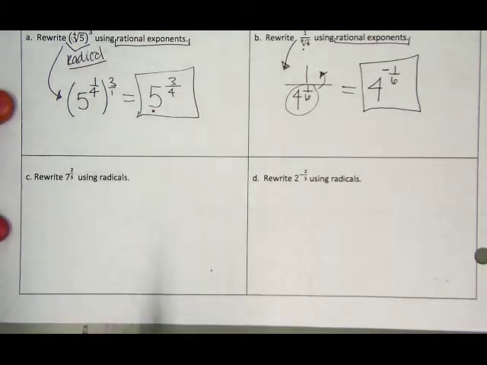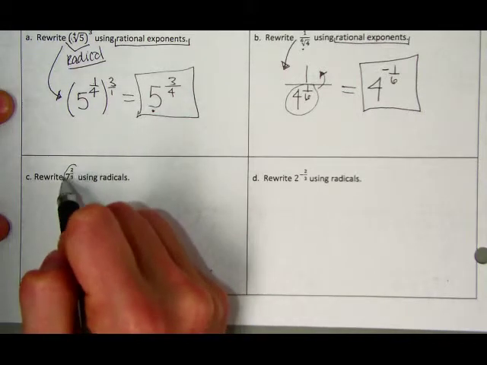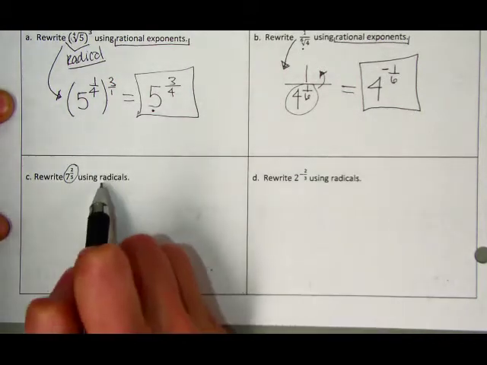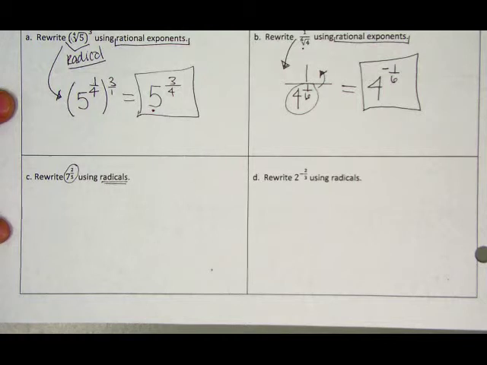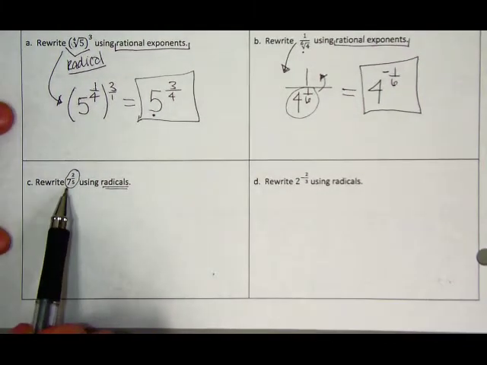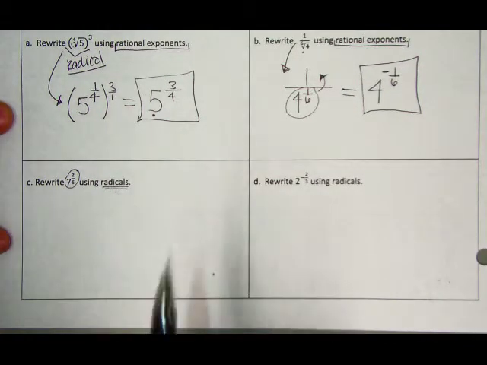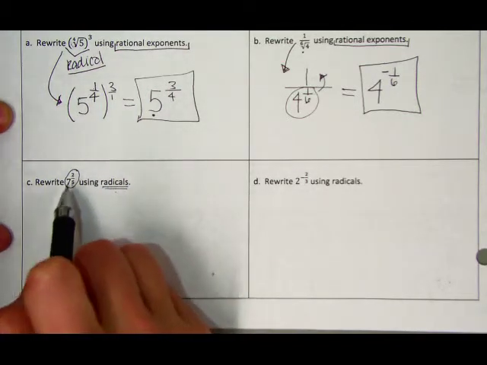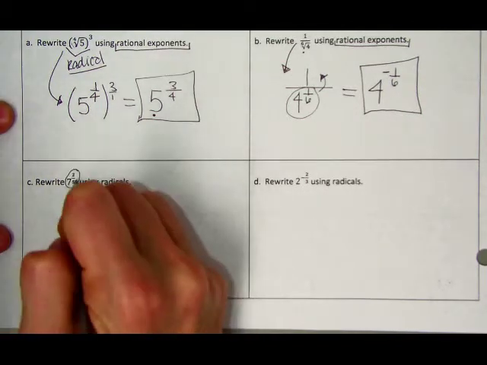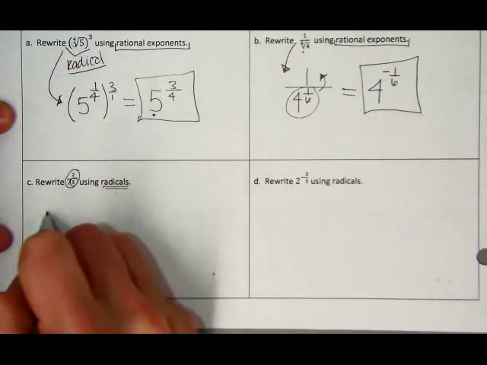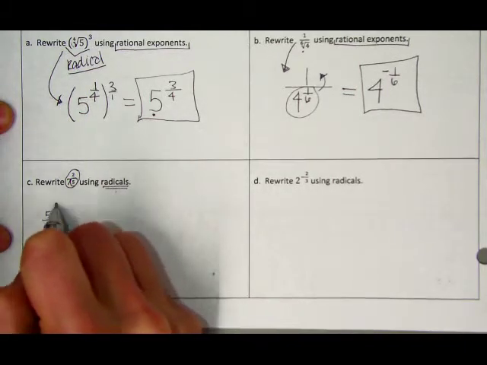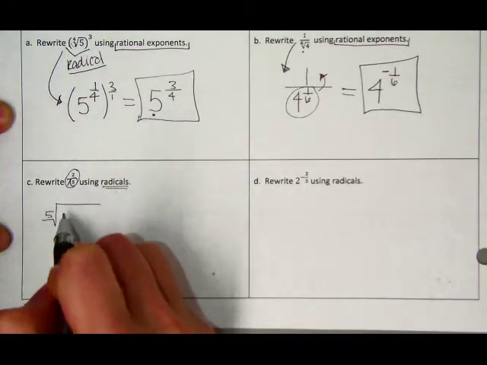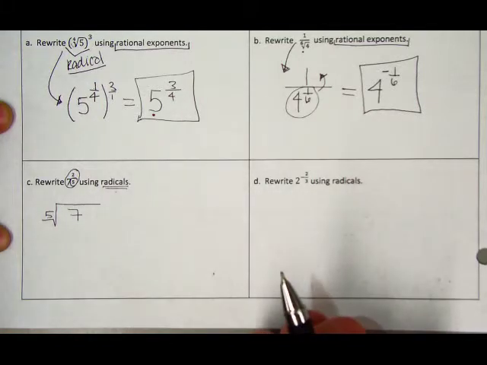In letter C, they want us to rewrite 7 to the 2/5 using radicals. So in letter C, we're going from exponential form to radical form. Alright? So let's look at this and break this down. So we've got, obviously, our denominator is 5, so we know our index is going to be 5. Our base is 7, so our radicand is 7.